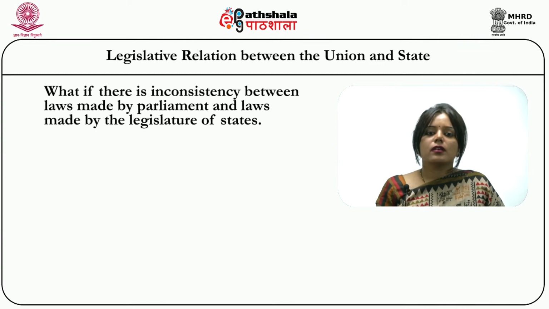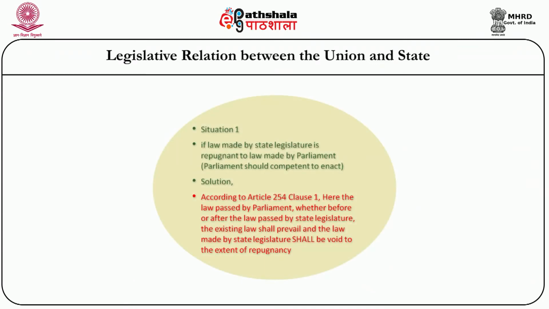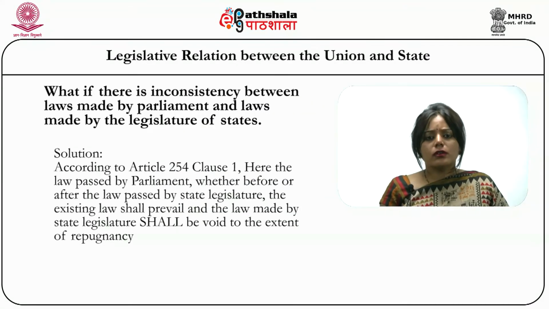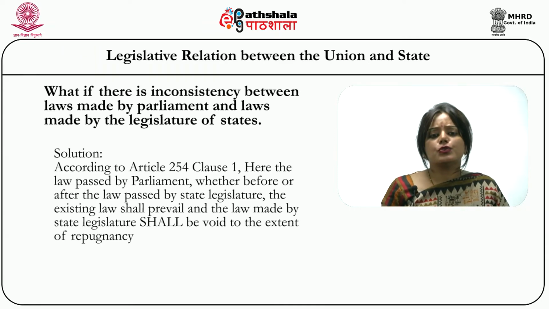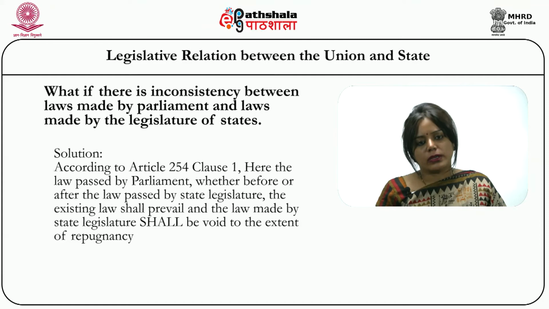If a law made by a state legislature is repugnant to a law made by Parliament, where Parliament is competent to enact, then what will be the solution of such problems? To solve this problem, we will take the help of Article 254 Clause 1.